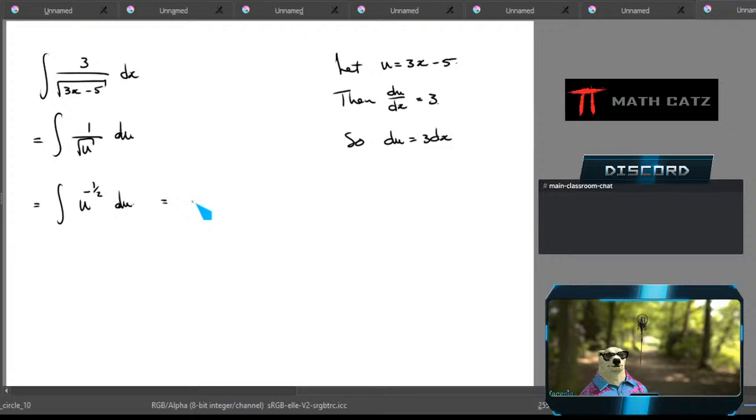Well, it's going to be u to the something. The power rule is going to bring it down to negative 1/2, so I'm going to have to go up to positive 1/2. But then when the power rule applies to this, it's going to bring the 1/2 in front, but I should have nothing.